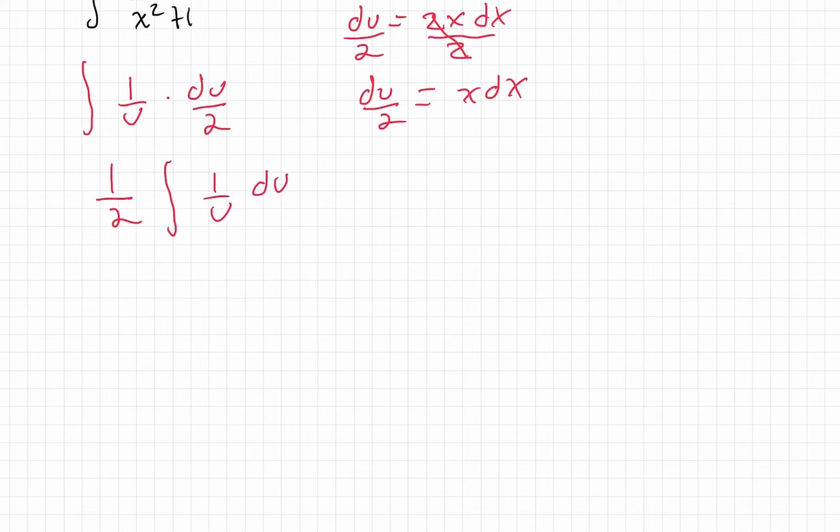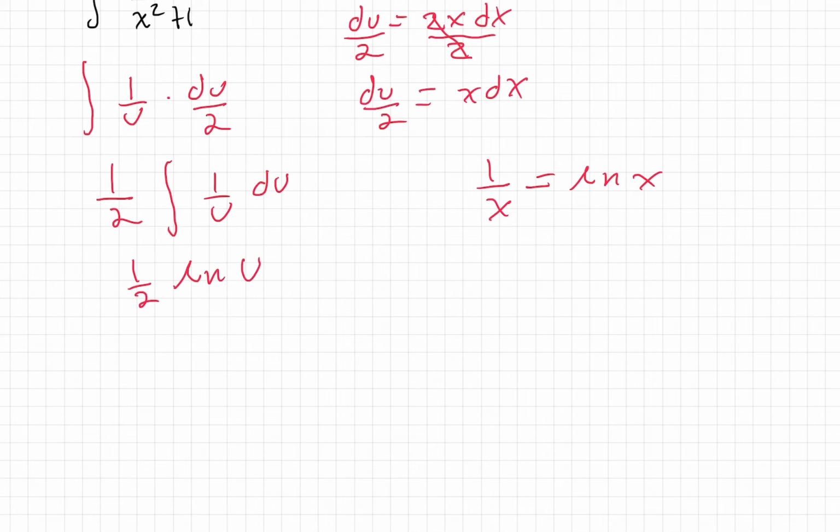And if you remember, the integral of 1 over u, or 1 over x, equals the ln of x. That's just a property. So now that we have a u here, the integral of this guy would be the natural log of u plus c.